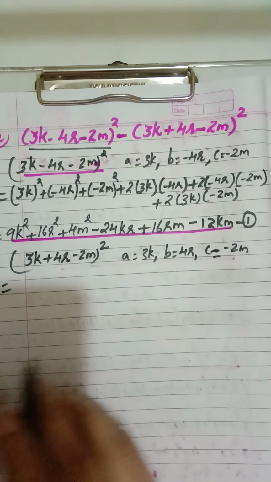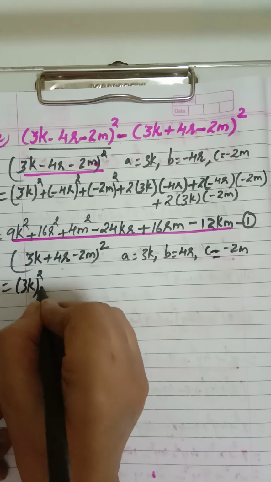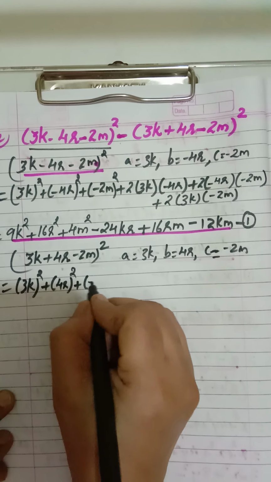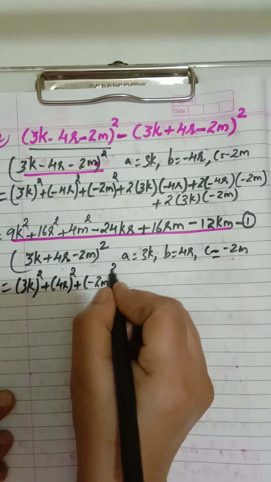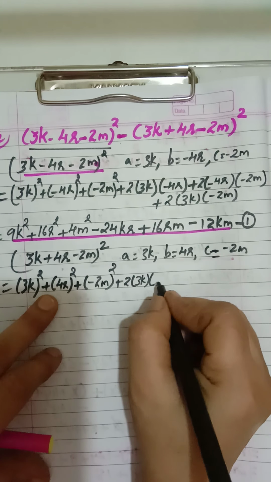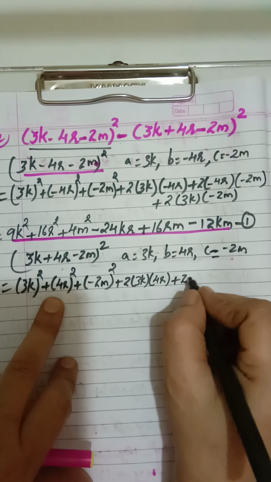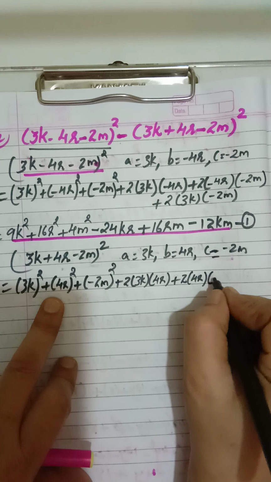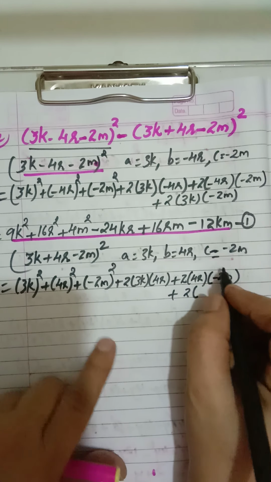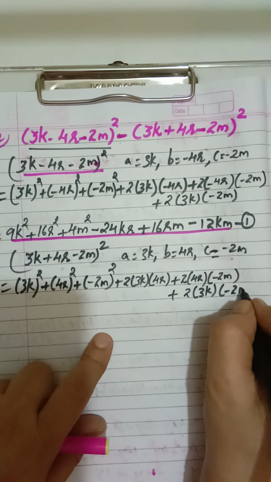Now let us start with a square, so it is (3k) whole square plus (4r) square plus (minus 2m) whole square plus 2ab, that is 3k into 4r, plus 2bc, that is 4r into minus 2m, plus 2ac, that is 3k into minus 2m.